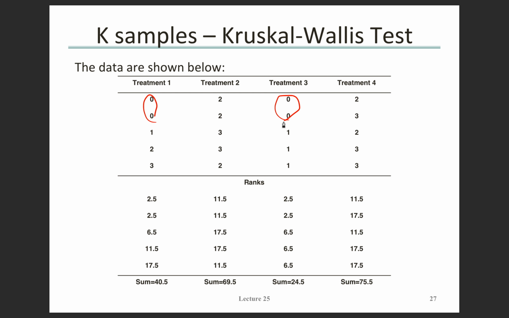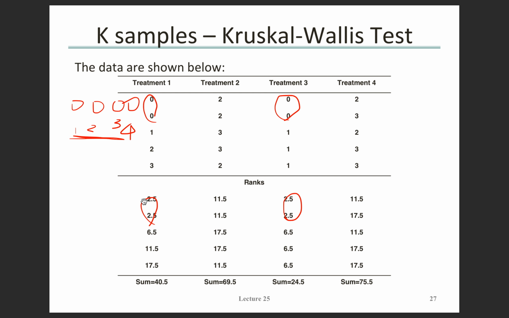The zeros should be ranks 1, 2, 3, 4, right? And so they are tied. So how do you handle the tie? You average them together, so all of them get 2.5. And then the same thing happens to 1 and the others. So this is how you rank them.